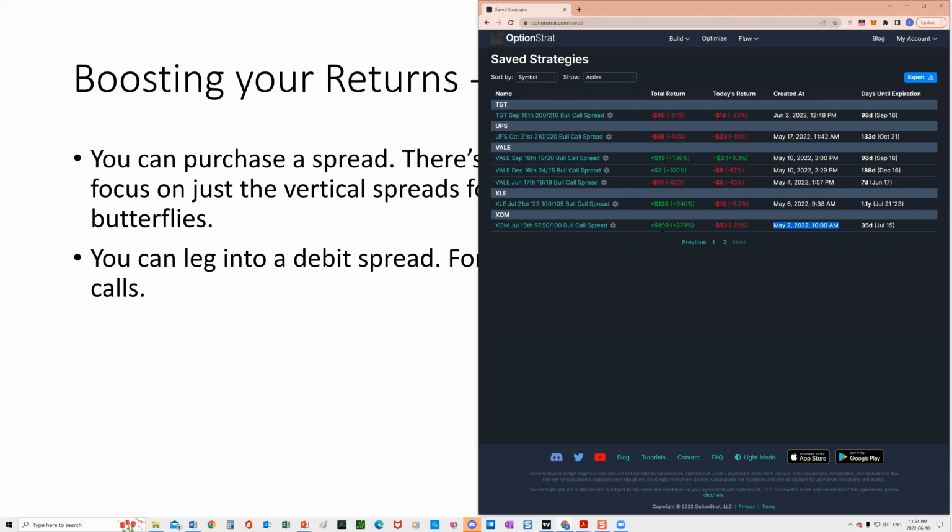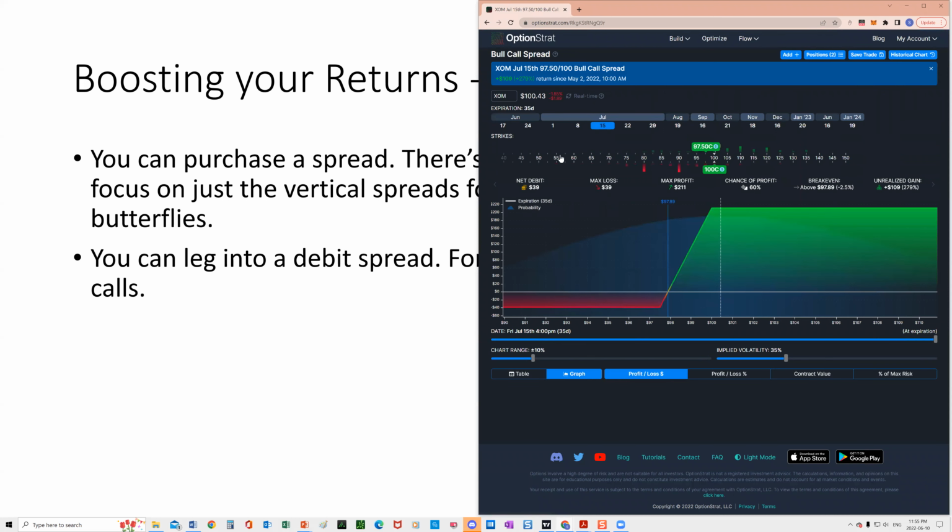I took this on, or when I shared it, it was May the 2nd. We're now above $100. So this spread will not be able to go above $2.50 as the max value, but it's up 279%, right? But I've limited myself.